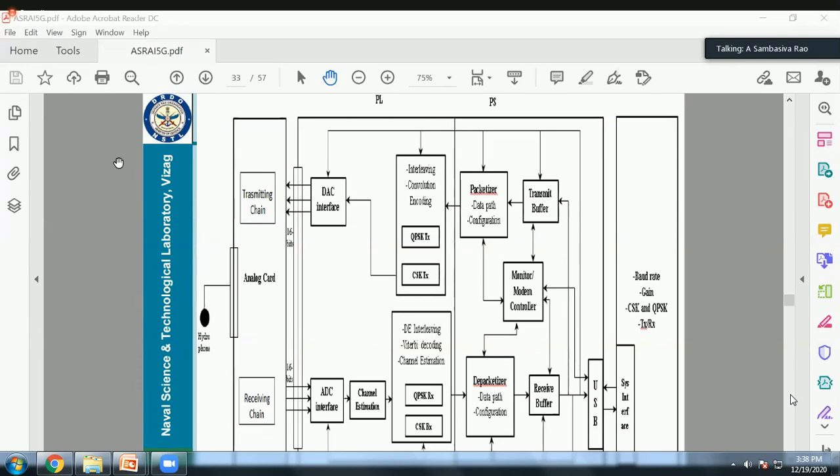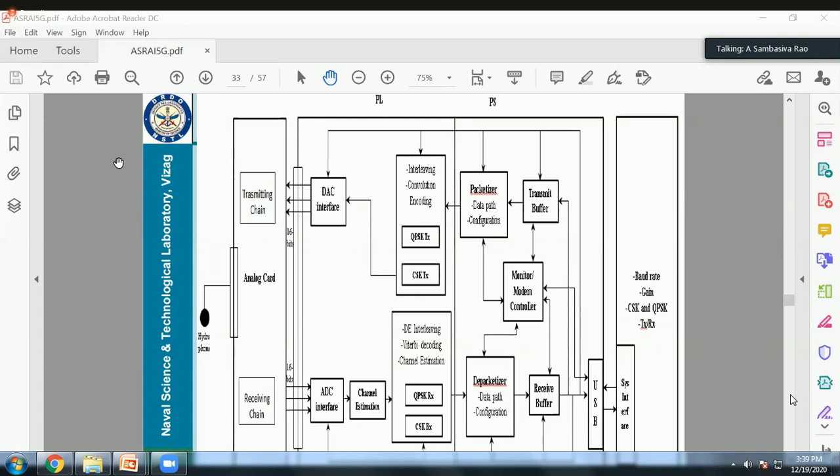Some tutorials are also there from Xilinx on how to convert MATLAB to VHDL. Whenever somebody is interested in learning how to program software defined radio, you can contact me, and we can develop jointly.